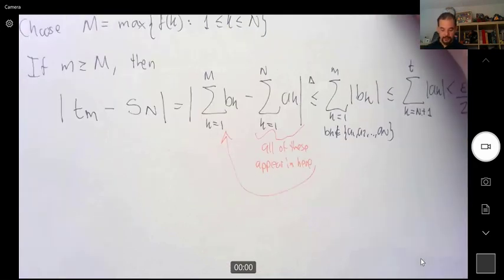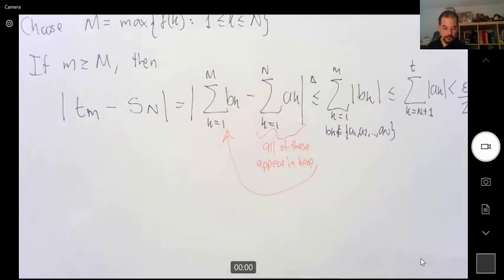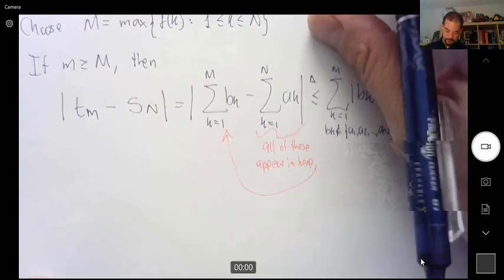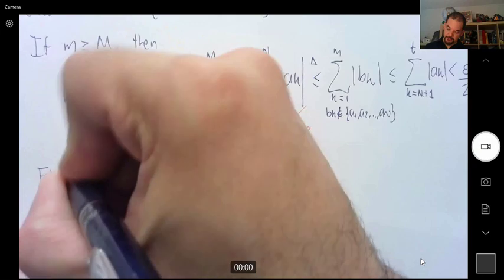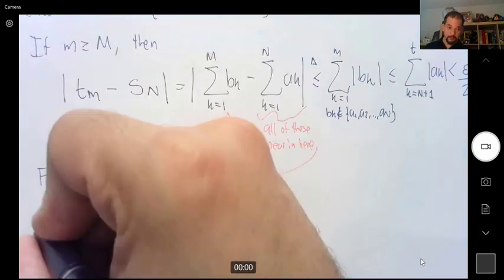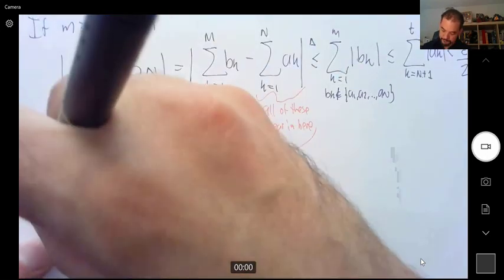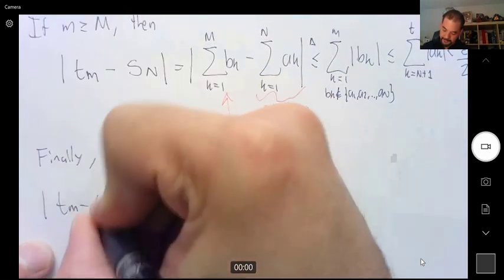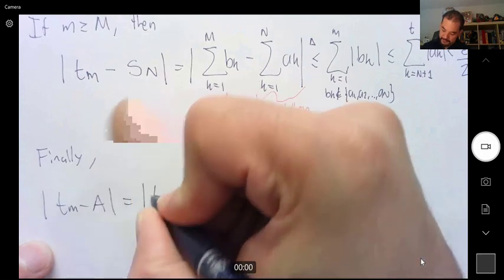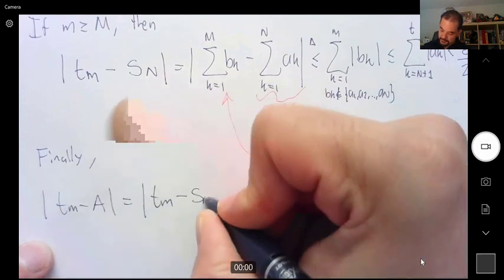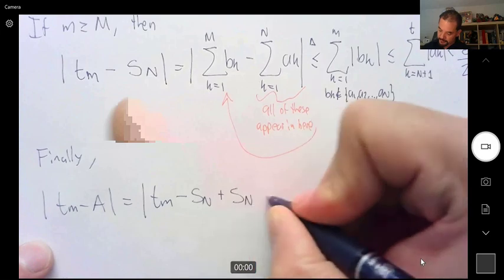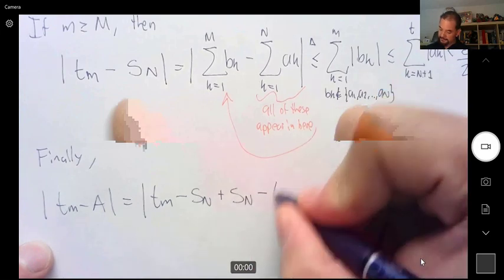And now for the final step, what I really want to compare is TM with A, right? So I have like 30 seconds to go. Here we go. So what we really want is what is TM minus A. Well, I use as my intermediary Sn, the partial sums of the A's.